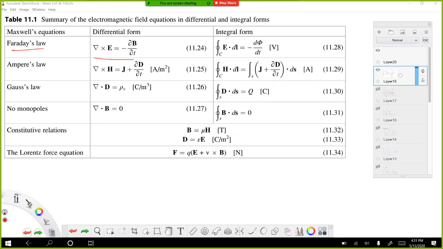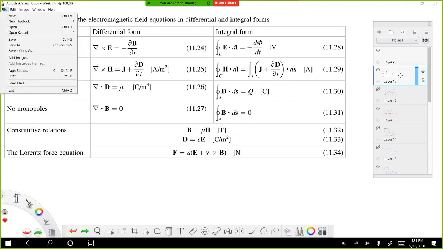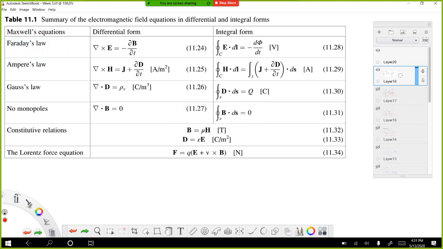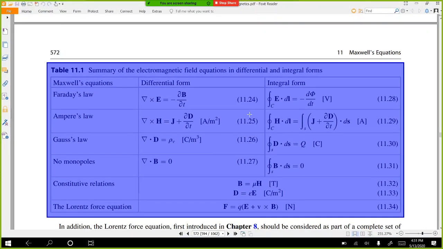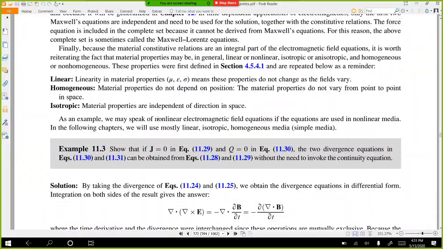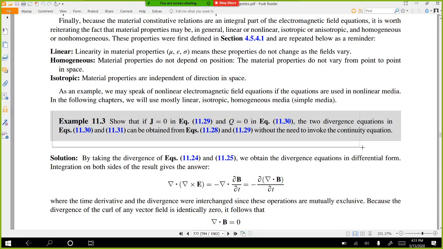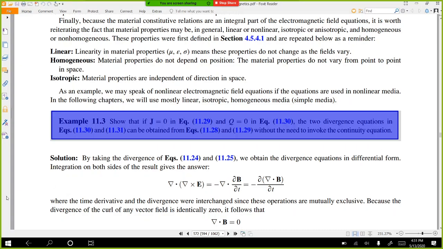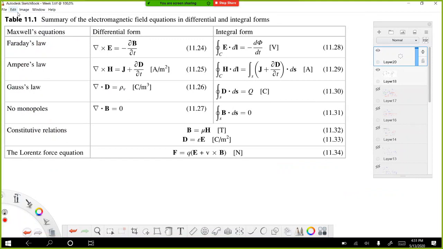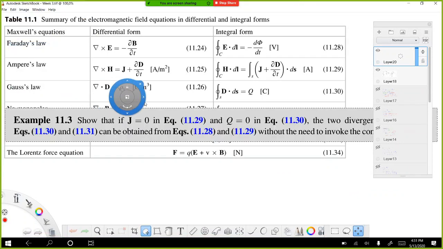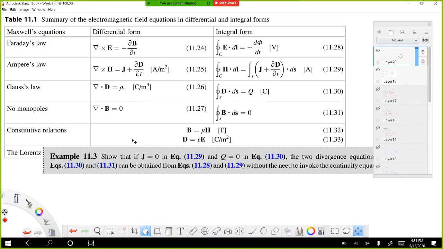Well, now we can save. Now let's see one problem. This is more or less a theoretical problem. Nevertheless, let's copy it and paste here.